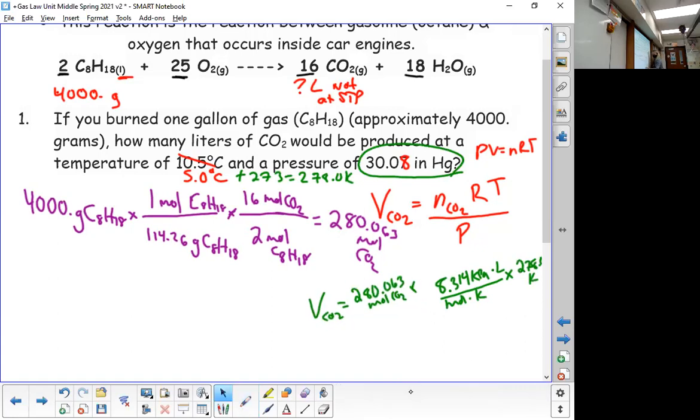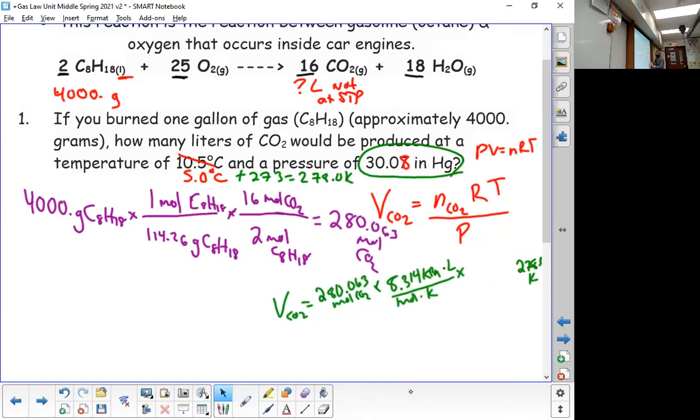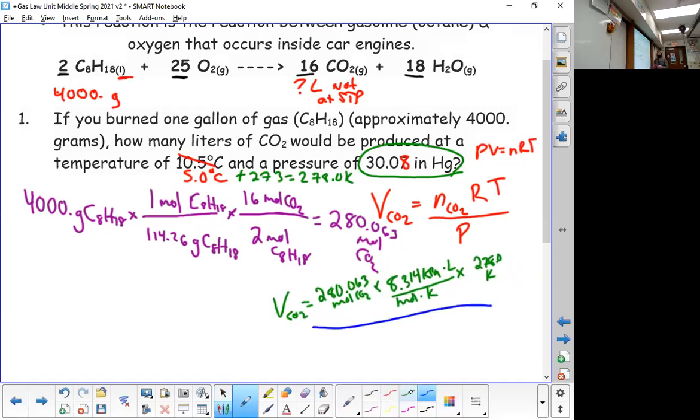Let me shift that over a little bit. All over, let's see, 30.08 divided by 29.92 times 101.3. Do our little conversion there. Pressure is 101.8 kilopascals.